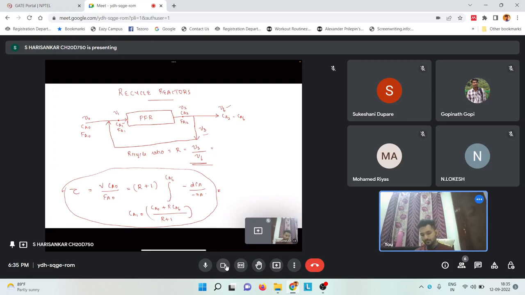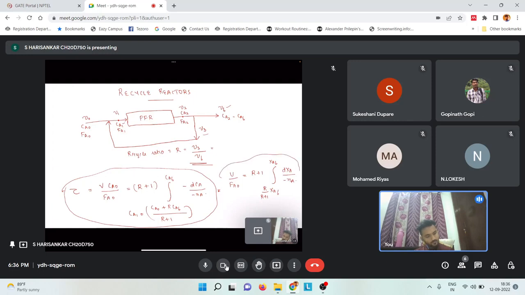Okay, so this is just a brief concept that I wanted to touch before we move into the problems. We can have the other form as well: V by Fa0 is equal to R plus 1 times the integral from R by (R plus 1) XAF to XAF of dXA by minus RA.